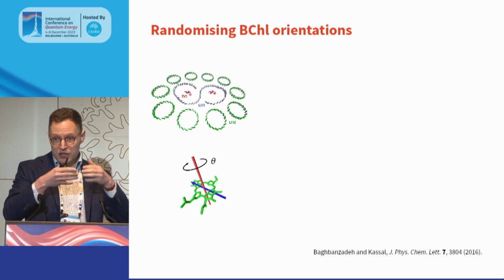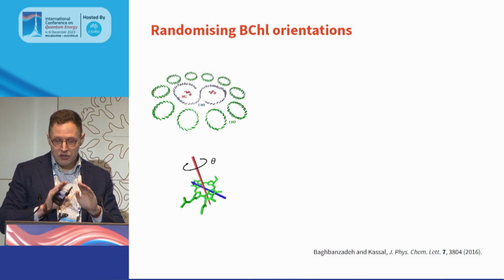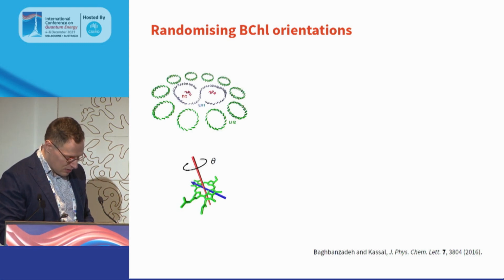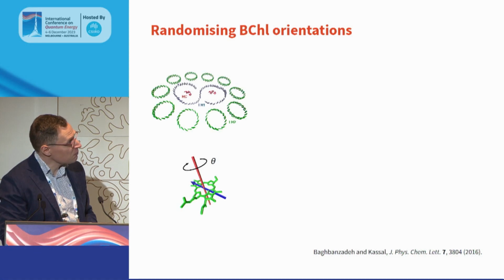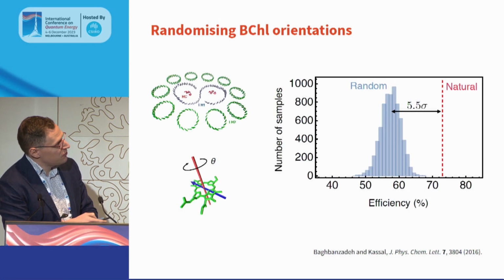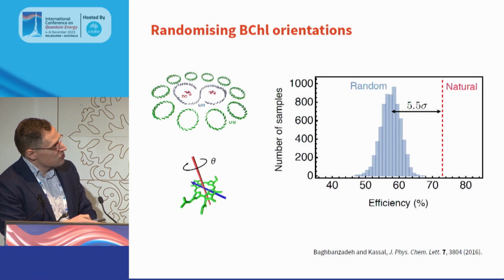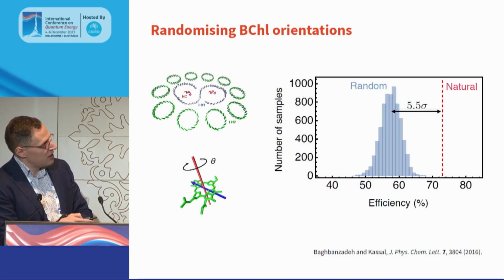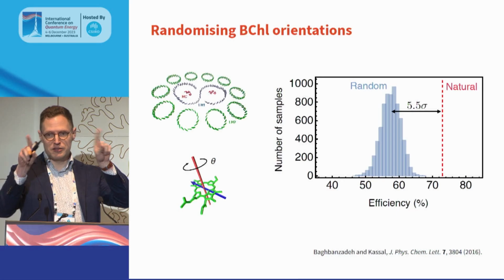And doing so would remove the delocalized nature of these eigenstates. And what we get is a distribution of efficiencies, which is more than 5 standard deviations below what the natural arrangement is, almost double what you get if you try to randomize them.